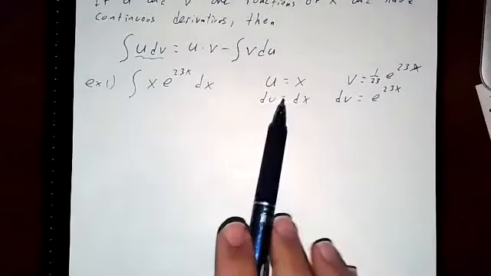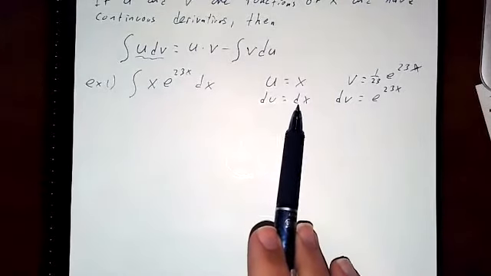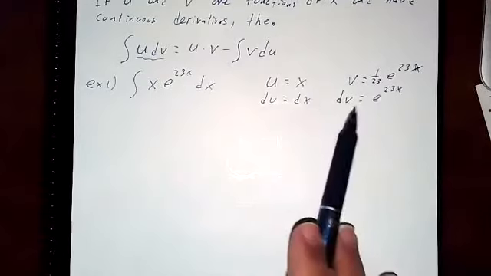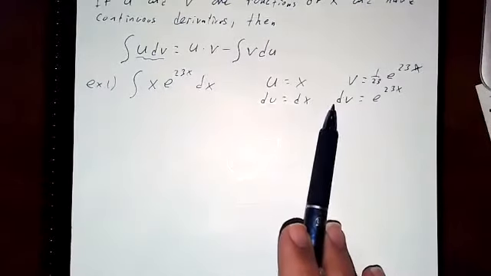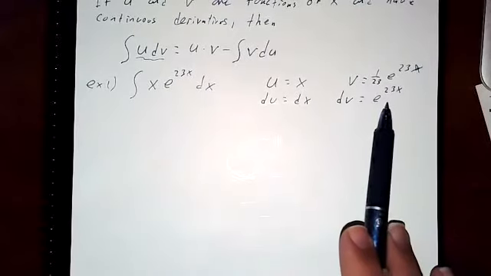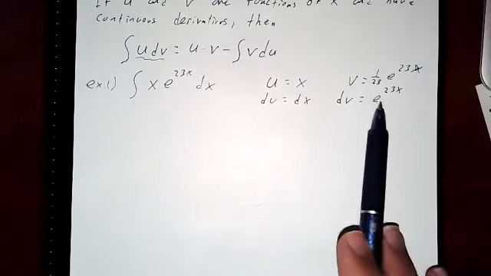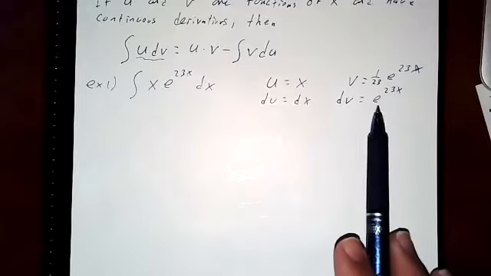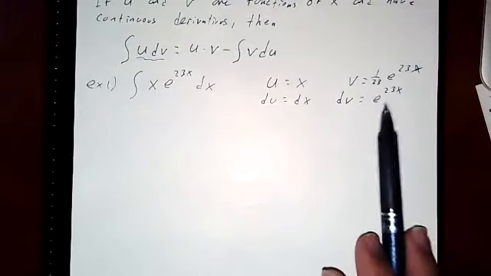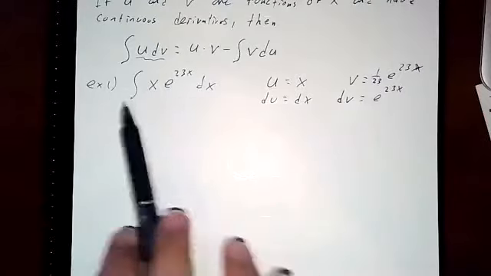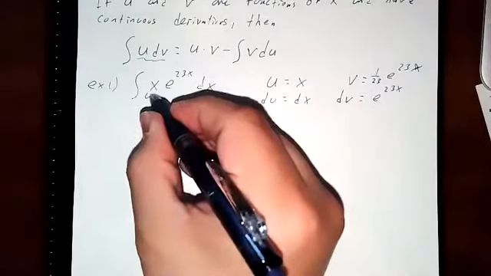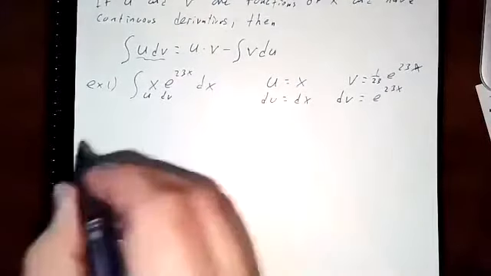But notice how this derivative kind of makes it go away. That's why I chose this to be u, meaning the other one has to be dv. But you need to make sure that the dv is easy to integrate. If you choose a dv that creates another by parts, then clearly that's a wrong choice because we're already using by parts. So this is u, this is dv in this case, and that's what we chose.